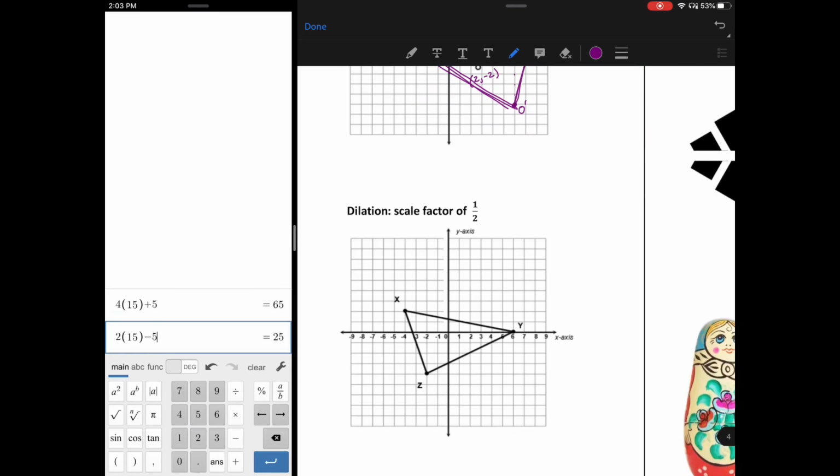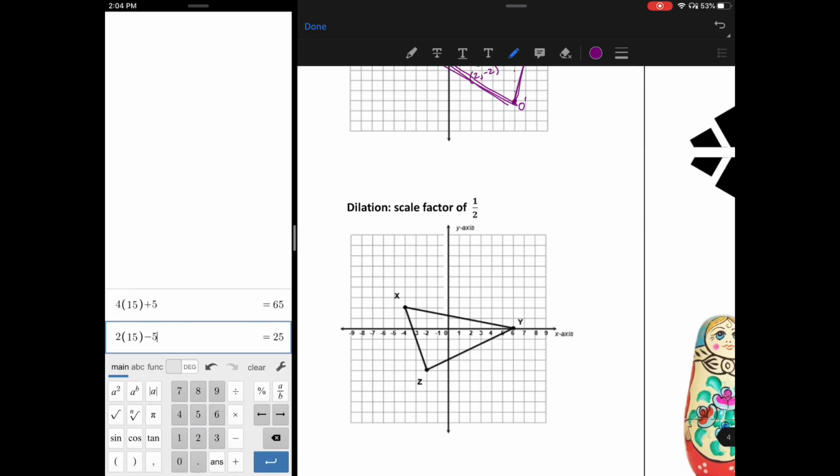If I dilate with a scale factor that's a fraction, it's going to get smaller. So if I look at x, y, and z, and I plot the original coordinates, it's negative 4, 2 for x. For y, I am at 6, 0. And for z, I'm at negative 2, negative 4.